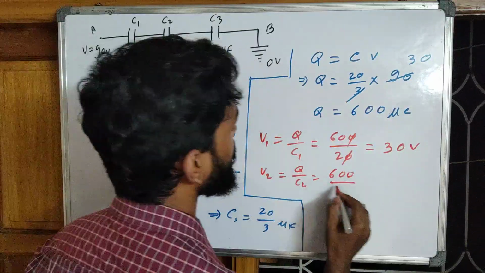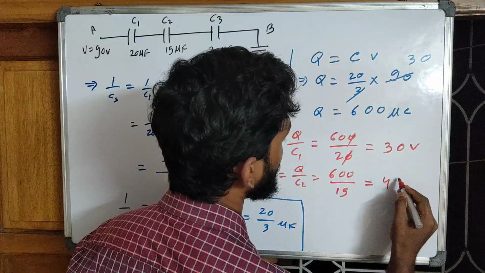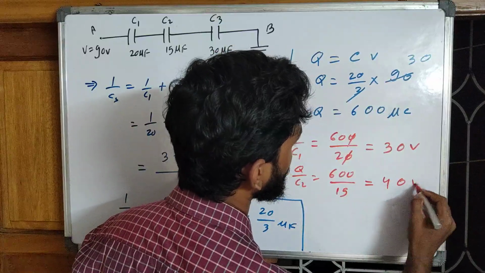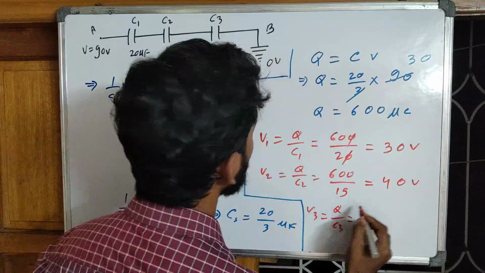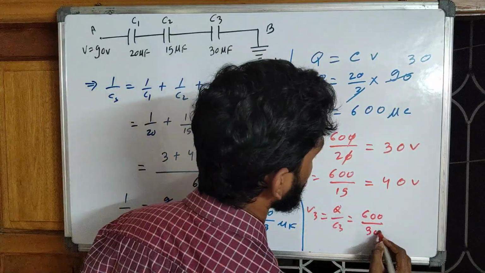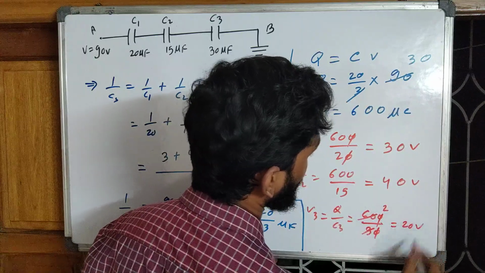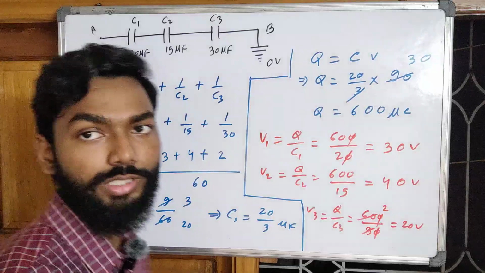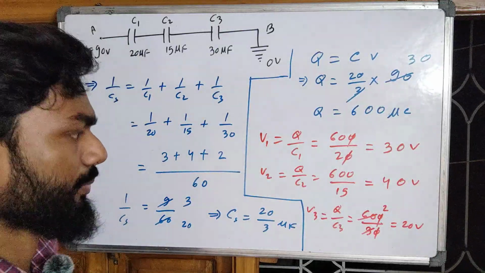C2 is how much? 15. And V3 equals Q by C3. Q is how much? C3 is 30. 20 volt. So these are the answers for the voltage across each capacitor, C1, C2 and C3.